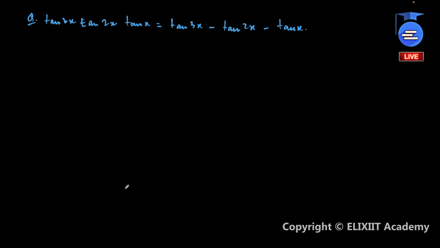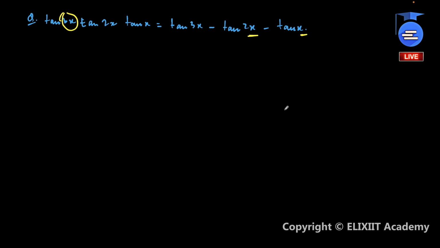So here clearly you can see the bigger angle is 3x, with 2x and x being the other two smaller angles. So you express 3x. Clearly we can see that 3x is actually 2x plus x. Some relation is there. All terms are in terms of tan, so definitely there is some relation.